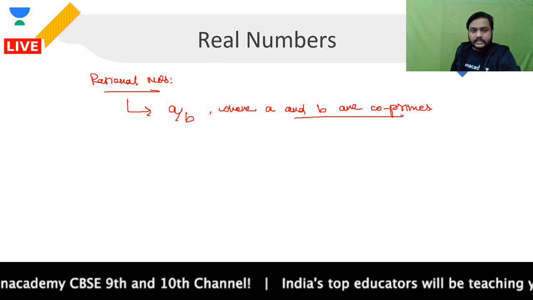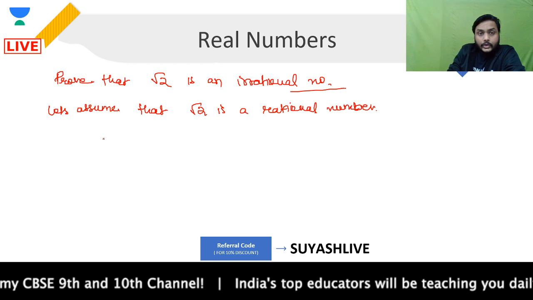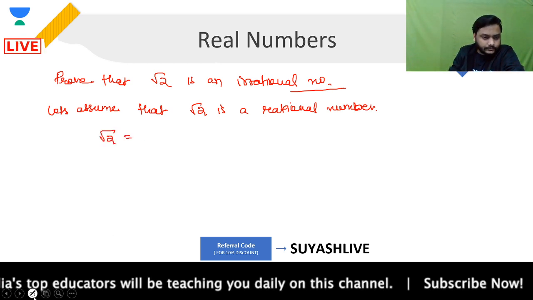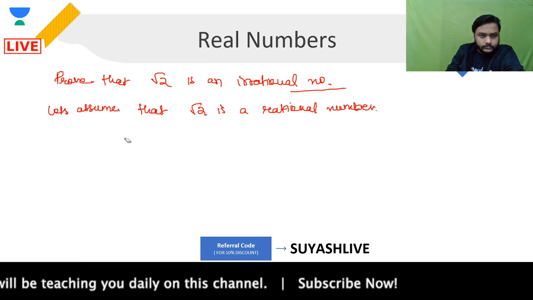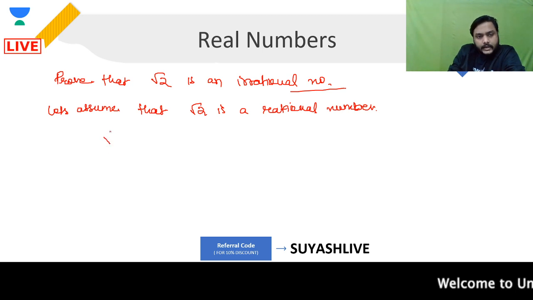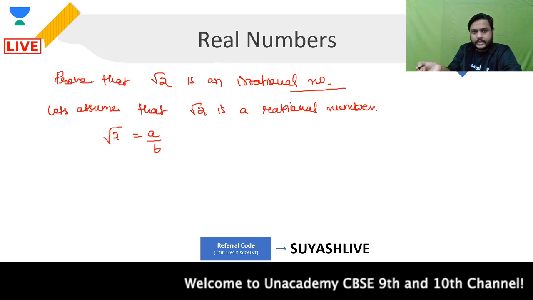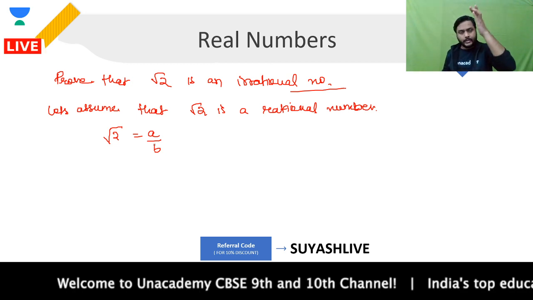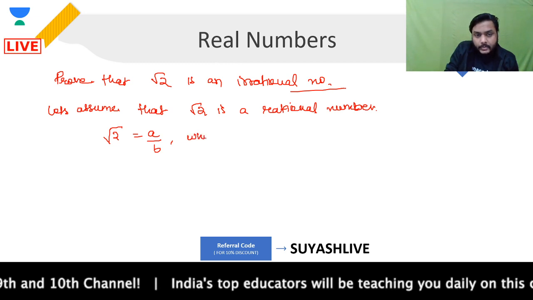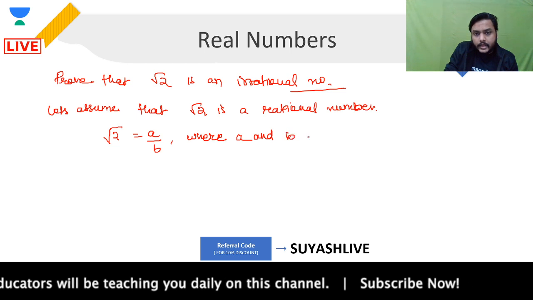Now, using the same definition, when I am saying that root 2 is a rational number, क्योंकि root 2 rational है, I can say that root 2 is equal to a upon b, because root 2 is rational, which means अगर rational है तो a upon b की फॉर्म में जाएगा, और a upon b की फॉर्म में जो जाएगा वो ऐसे जाएगा जहां पर a और b co-primes हैं.